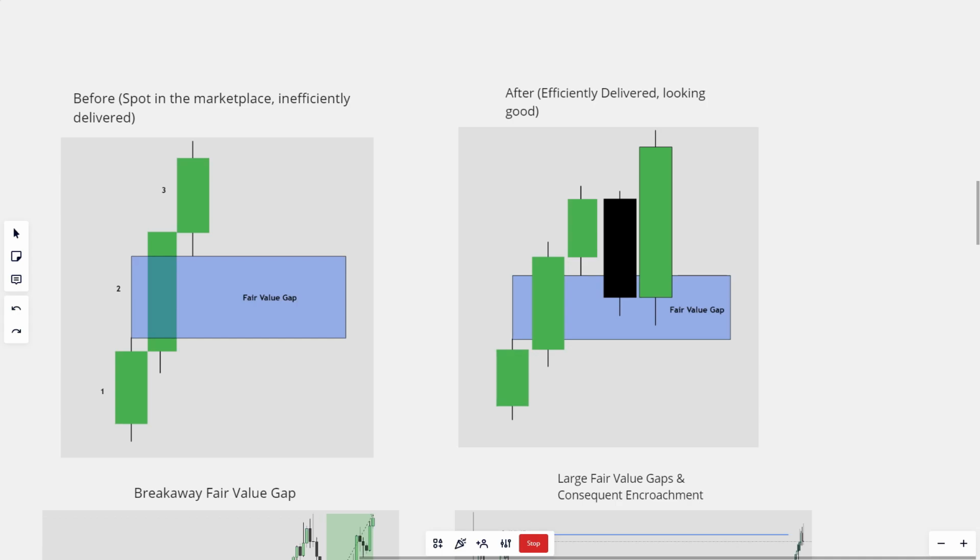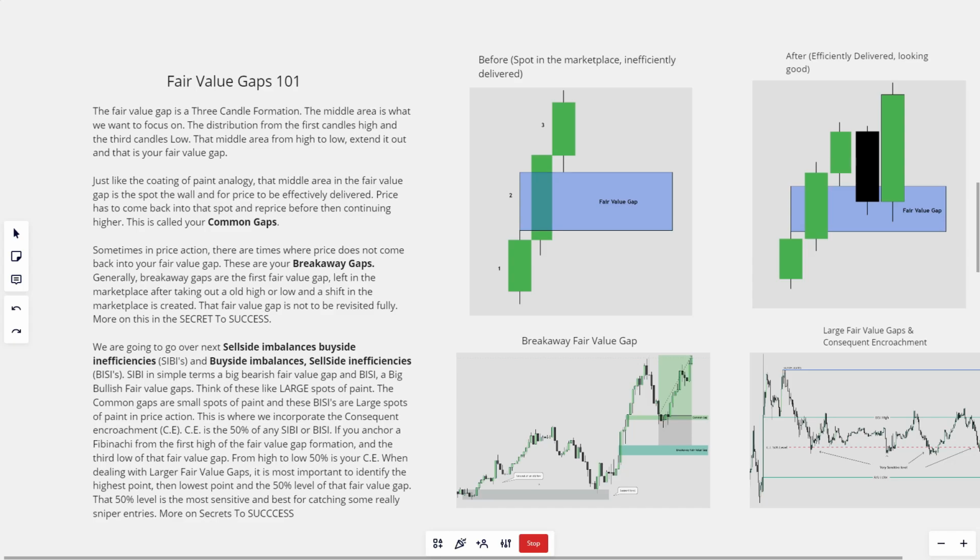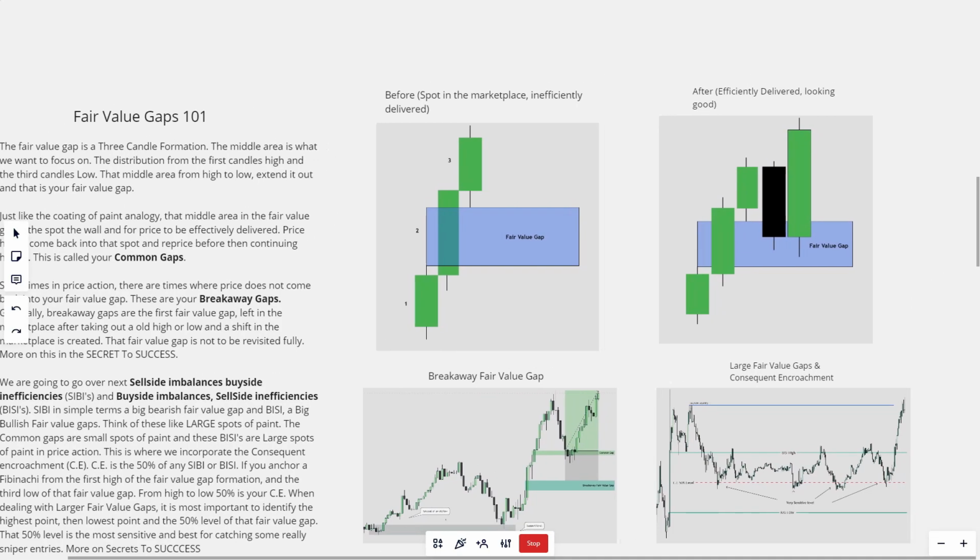Price comes up, leaves a fair value gap, comes back down, taps into it, and then continues higher. Just like the coating of paint analogy, the middle area in the fair value gap is the spot on the wall. And for price to be effectively delivered, price has to come back into that spot and reprice before then continuing higher. That's your common gap. So these fair value gaps right here, these are called common gaps.